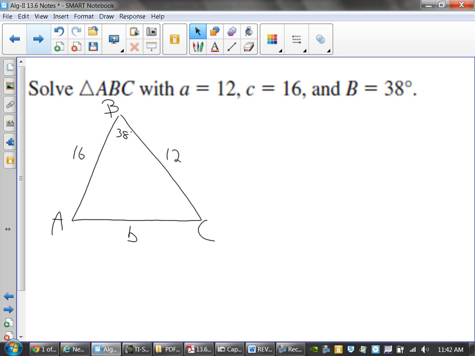I'm going to solve for little b first. So little b squared is going to be 16 squared plus 12 squared minus 2 times 16 times 12 times the cosine of 38.